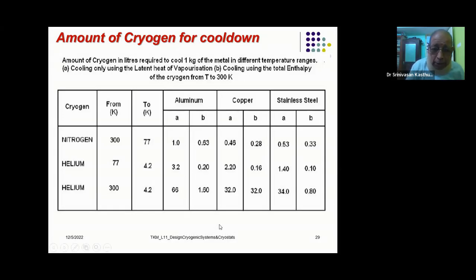In the case of copper, it is 32 for only latent heat of vaporization, but I'm sorry, this data is wrong here, it's about 1.2. Then the last one, stainless steel, is about 3.34, and the value for case B will be only 0.8. That means we are using the total enthalpy of the system.